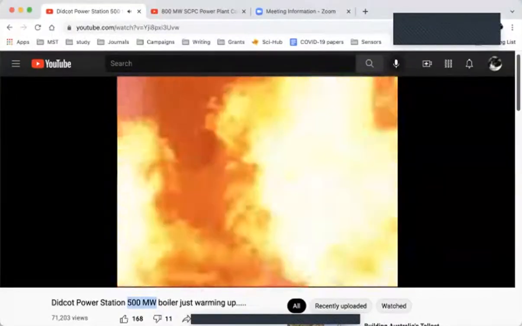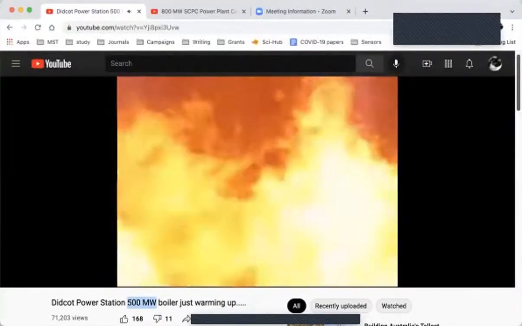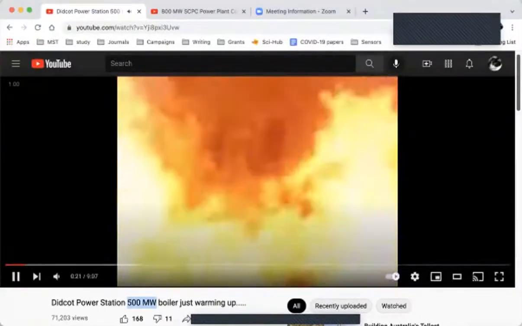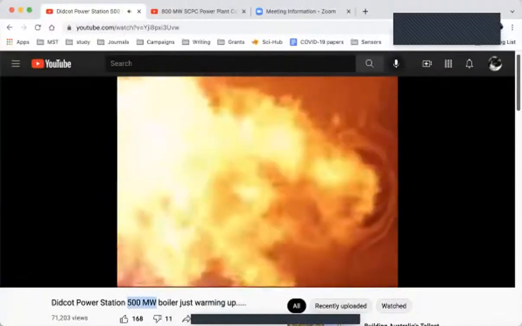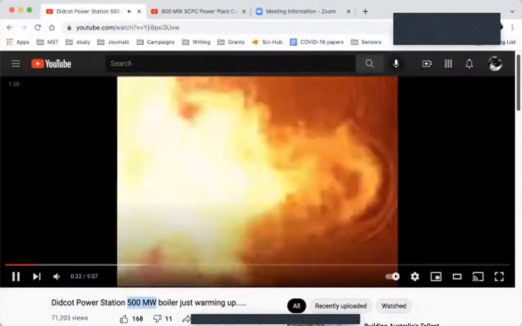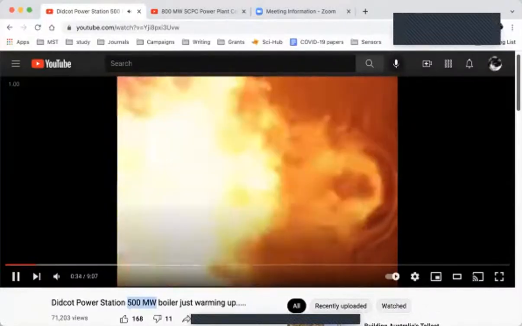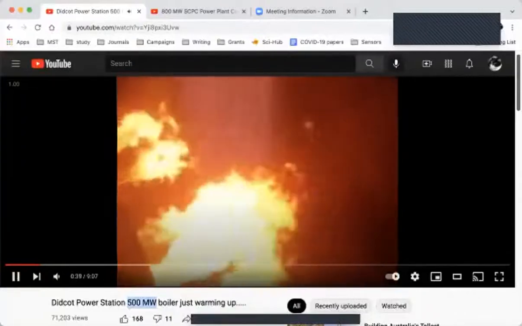You can see that we're burning it through a horizontal flame. You see that some of the burners not even used. Right, this is a nozzle. The coal is being introduced from the center, and then there's air coming out from the side.